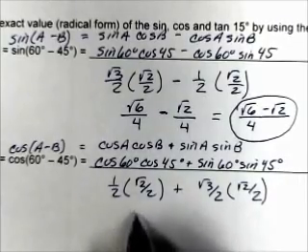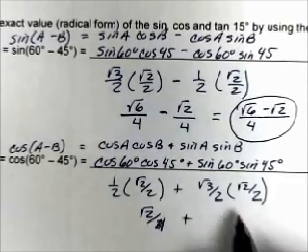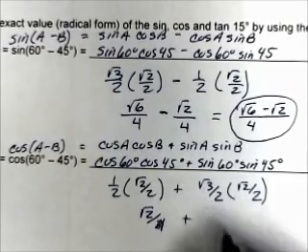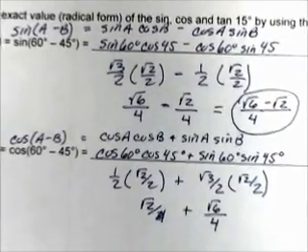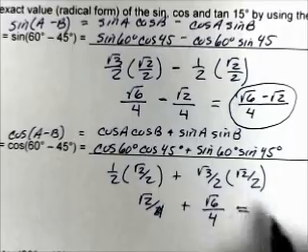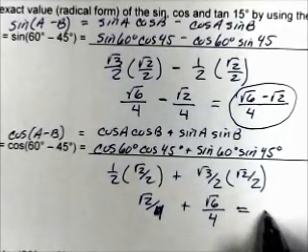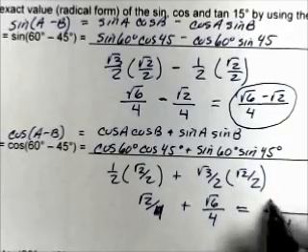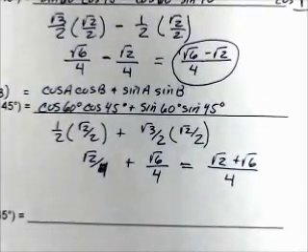Multiplying, 1/2 times the square root of 2 over 2 is the square root of 2 over 4. Plus square root of 3 times square root of 2 is square root of 6 over 2 times 2 is 4. Same denominator, this is a 4. So this is equal to square root of 2 plus the square root of 6 all over 4.